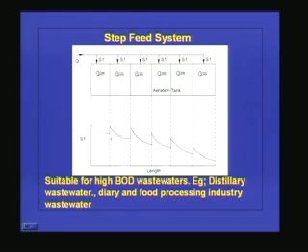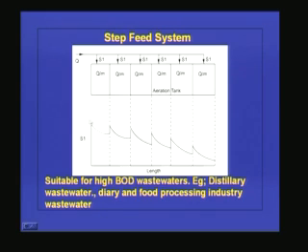This point is lower than this point, and this will keep on happening. Why does it come down drastically? Because degradation takes place, and along with that, dilution also takes place, because this liquid is coming to this place. So finally you will get a BOD of this much concentration.